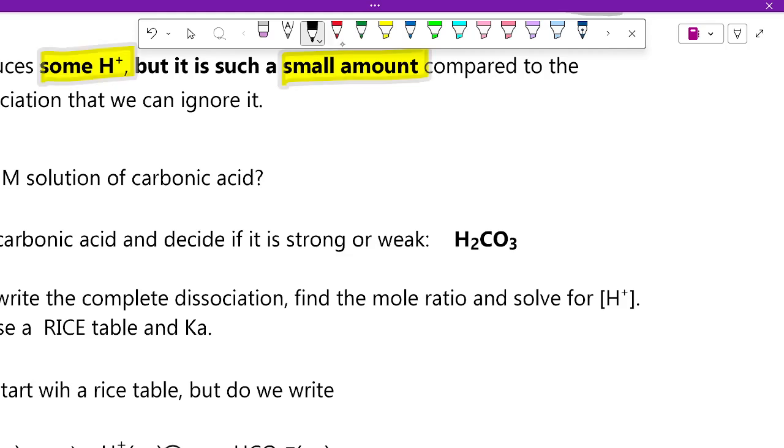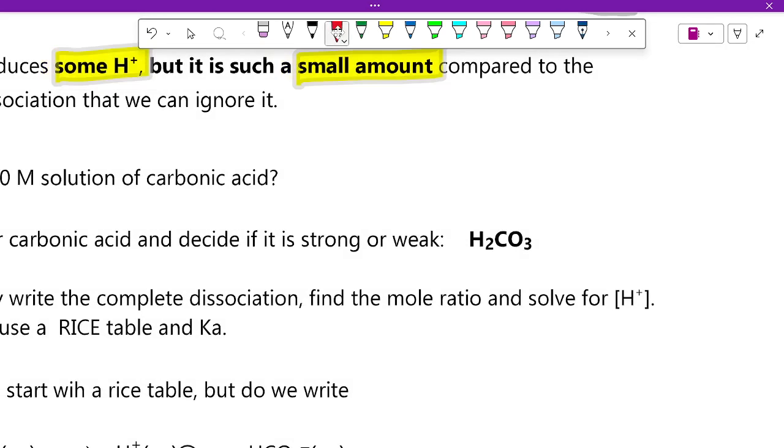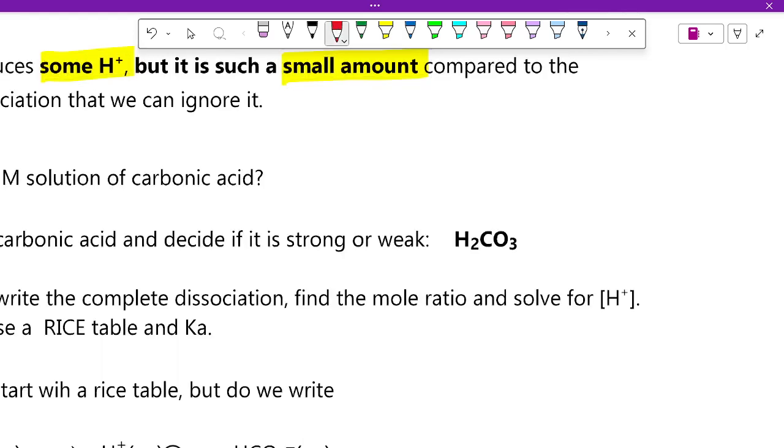H2CO3 is weak, and if it is weak, what tools do we use? Rice and Ka. All right, excellent.